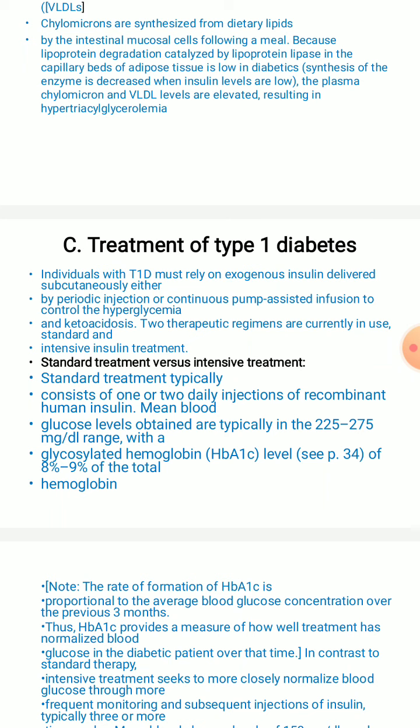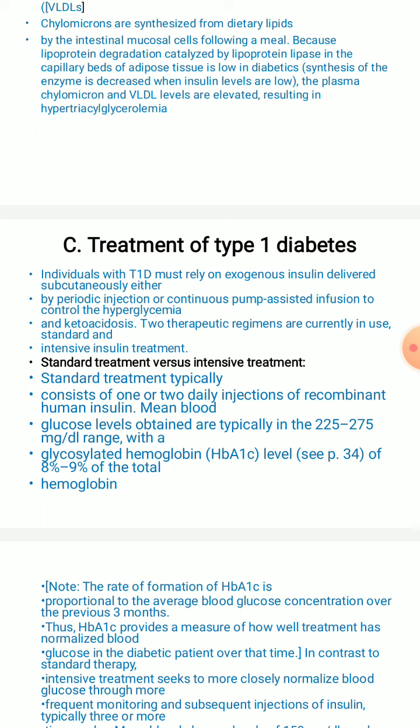Individuals who are suffering from type 1 diabetes must first rely on exogenous insulin, which is delivered subcutaneously, either by periodic injection, or you can give it by continuous pump infusion, in order to control the hyperglycemic condition.